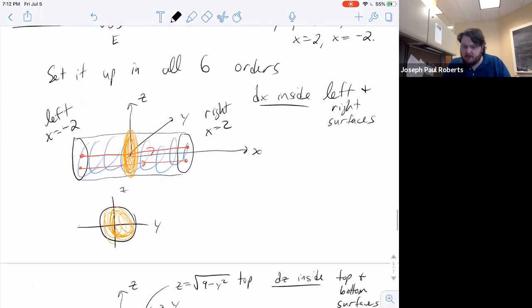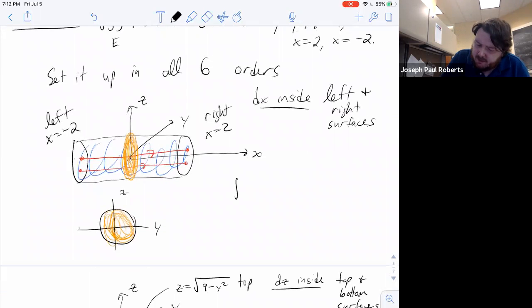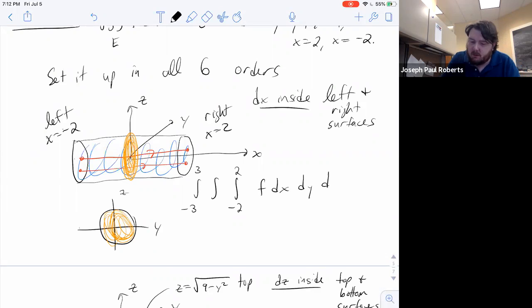But then I think probably the best way to do this is with dx on the inside. And then you could, after you do the x integration, switch to polar, but the instructions say to do it for all 6 orders. So if we put, say, dz in the middle of dy, then z starts at minus the square root of 9 minus y squared.